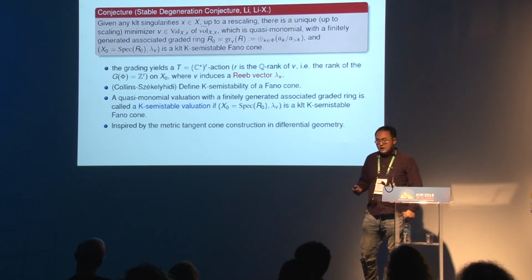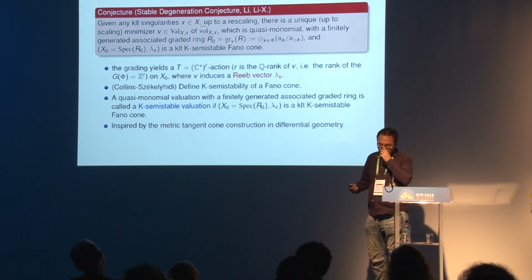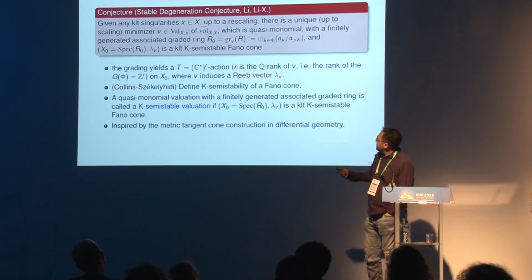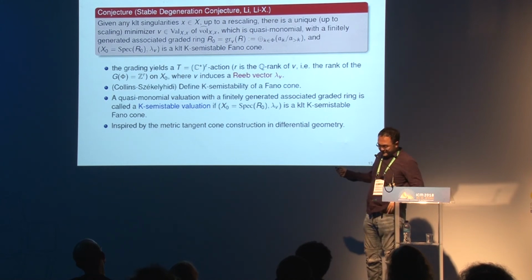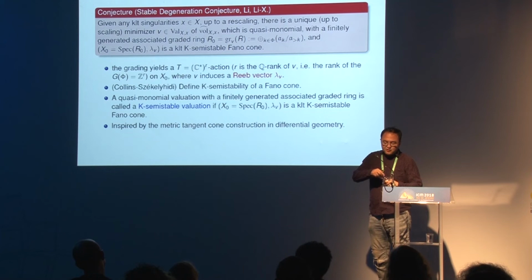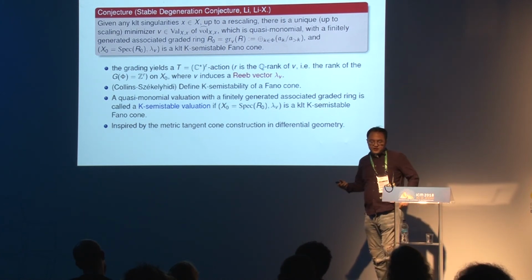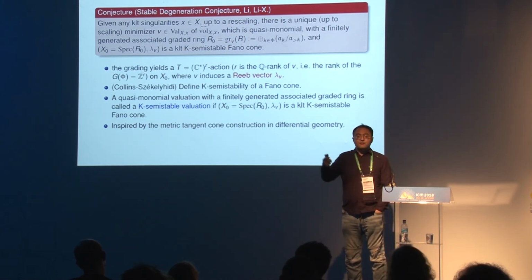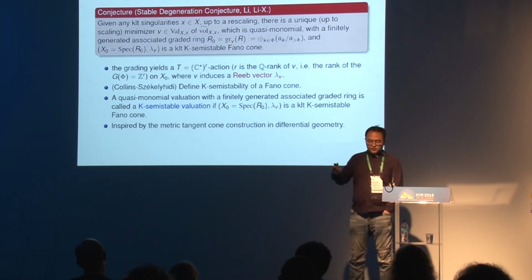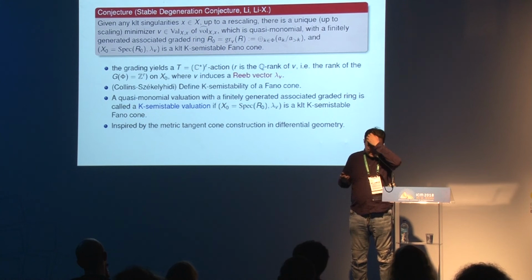But in general, lambda V is not necessarily rational. Here, the K-semistability of the Fano cone is defined by Collins and Székelyhidi, which generalizes the original definition of Tian and Donaldson a little bit from log Fano varieties to Fano cones.